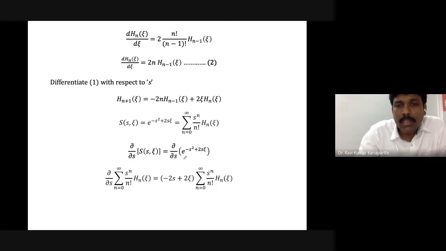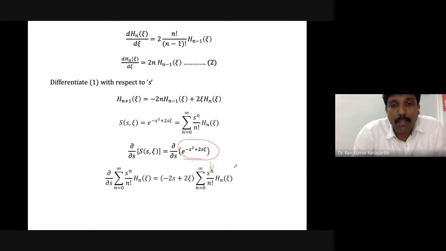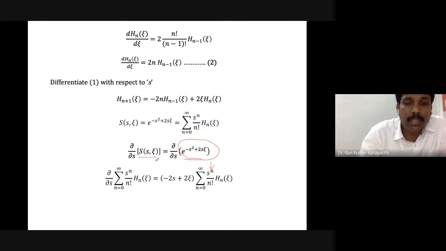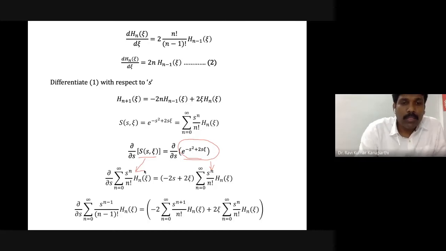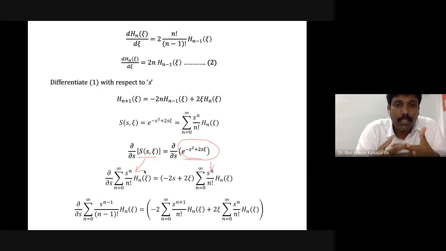This generating function we can replace with the summation n runs from 0 to infinity s to the power n by n factorial Hn of z. On the left hand side also we have the generating function, which we can replace with this one. Now on the left hand side we have a partial differential, and we have to evaluate the first derivative with respect to s.